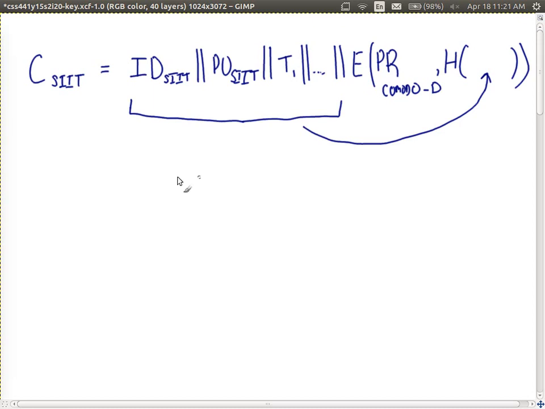Some of those values, the ID we saw was actually star.sit, a domain name or a range. The public key, I will not write the value, but was a 2048-bit RSA key.